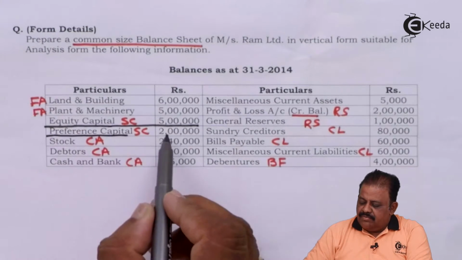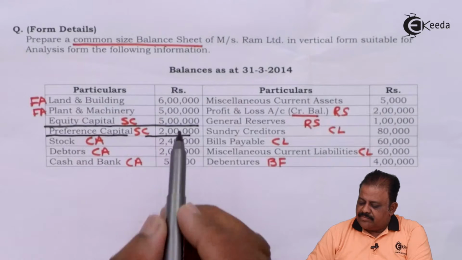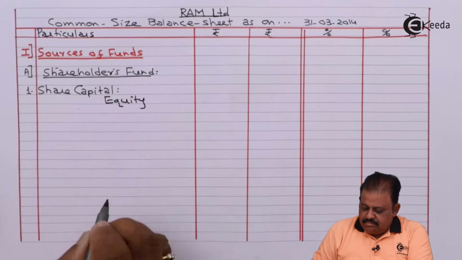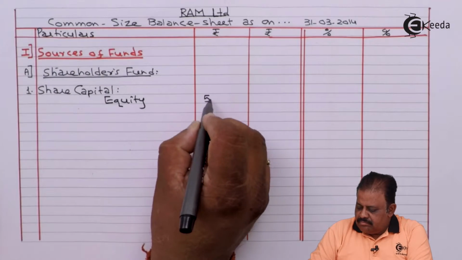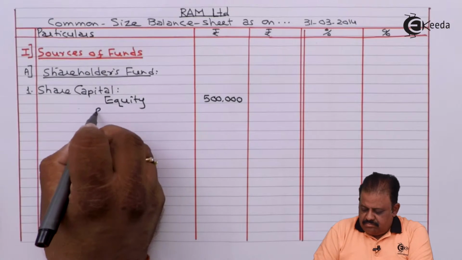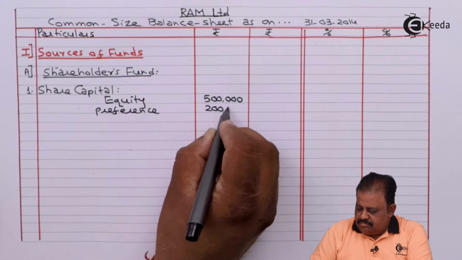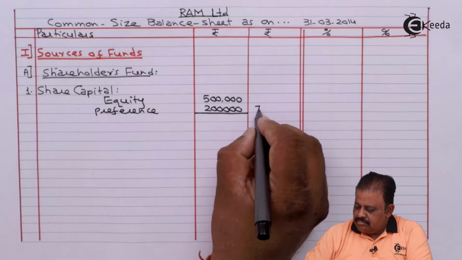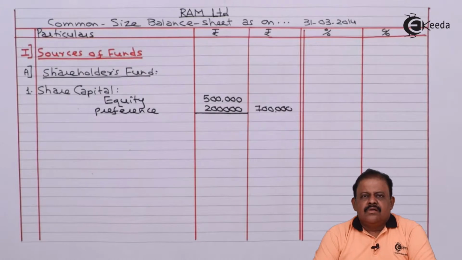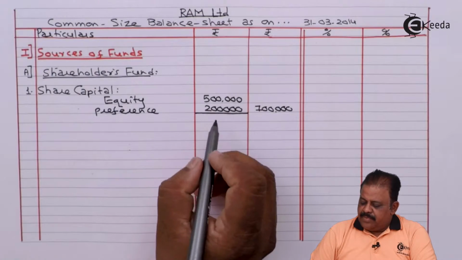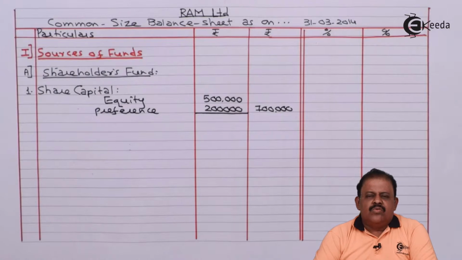Preference share capital we have rupees 2 lakhs. Equity 5 lakhs, preference 2 lakhs, total amount of capital 7 lakhs.